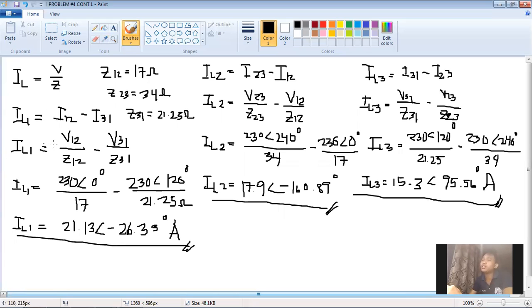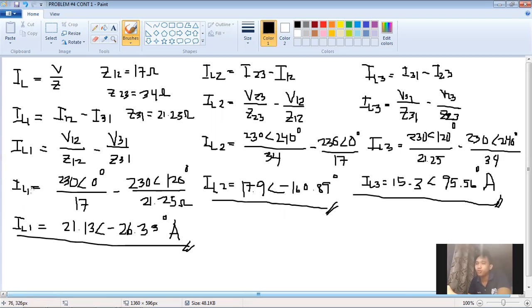So IL1 is equal to the voltage at 12, going back to the delta, all over Z12. We know that current is voltage all over Z. So for current 31, that will be voltage 31 all over Z31.